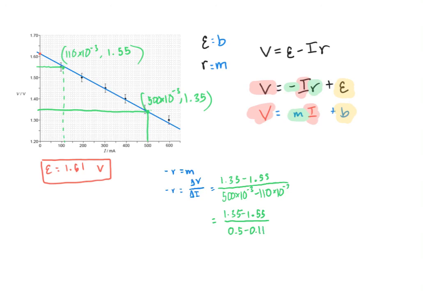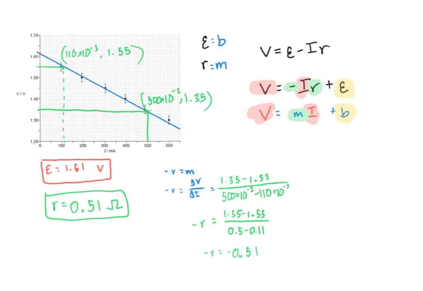And that is, of course, equal to negative R. Now, I know I wrote delta V over delta I. That is the same as writing rise over run. I just wrote it this way because it's a little bit prettier. So when I stick all this in a calculator, I get that negative R is equal to negative 0.51. Or R, my internal resistance, is equal to 0.51 ohms.